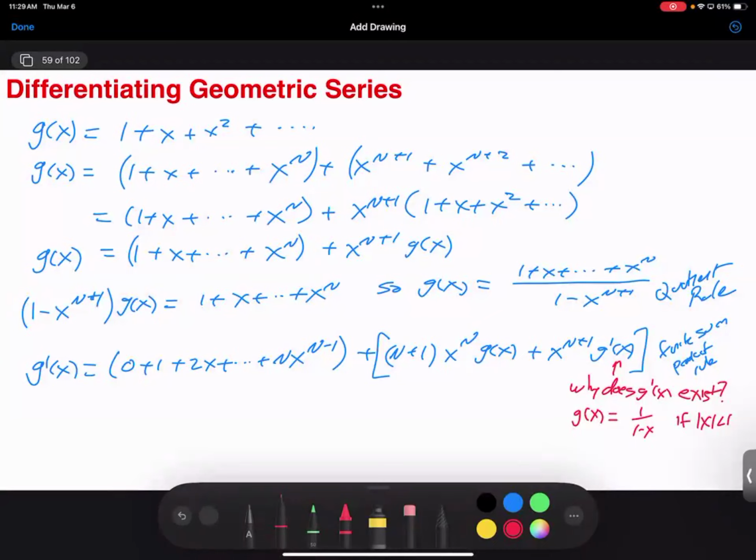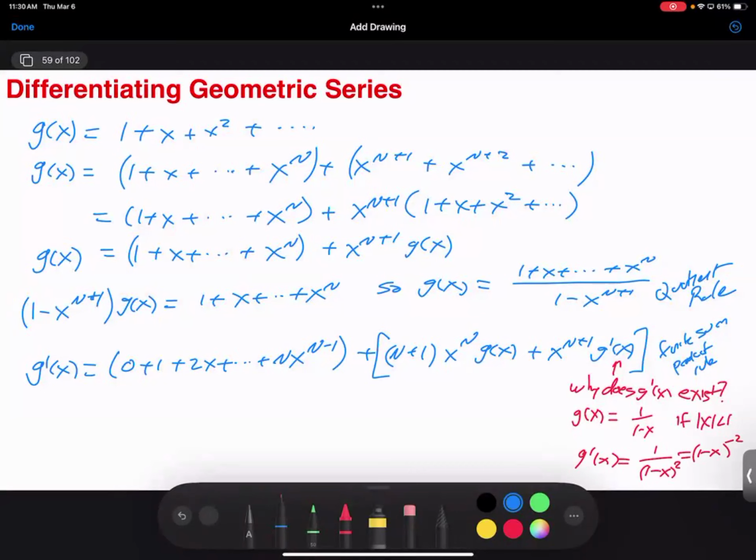So g prime of x clearly exists. But we know g of x exists. What is g prime of x? It's just going to be 1 over 1 minus x quantity squared, or 1 minus x to the negative 2.